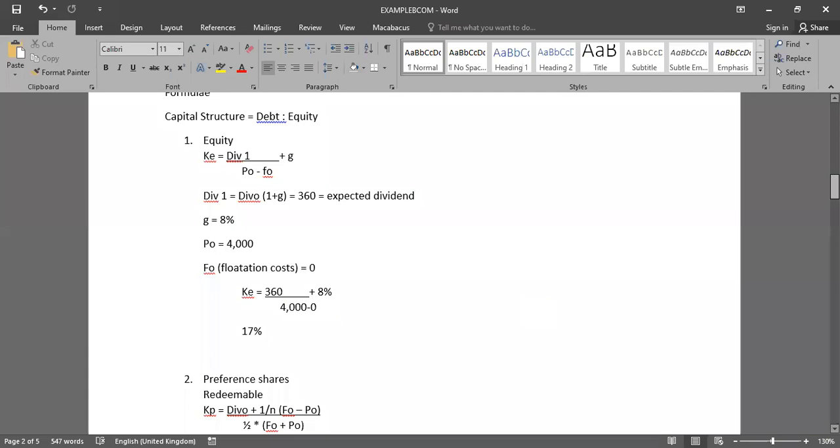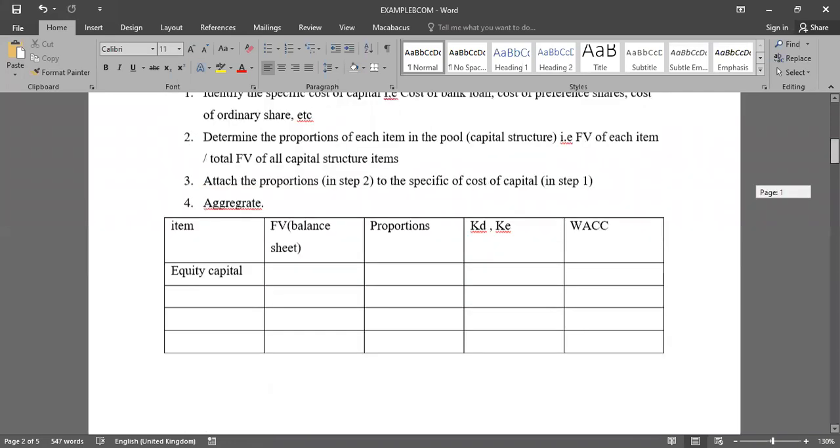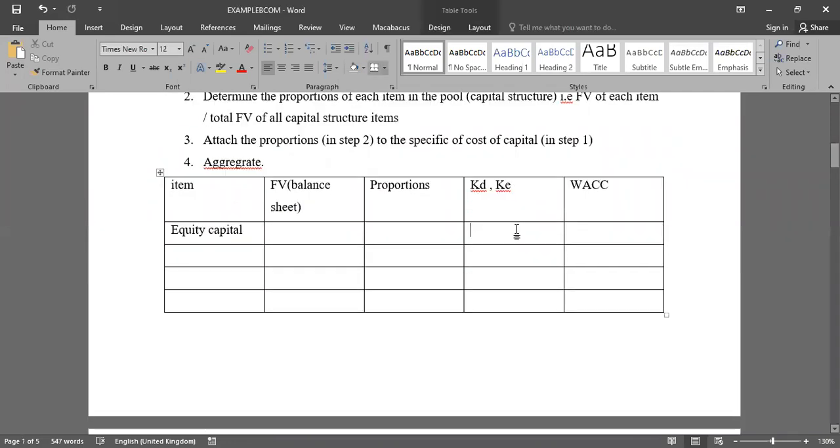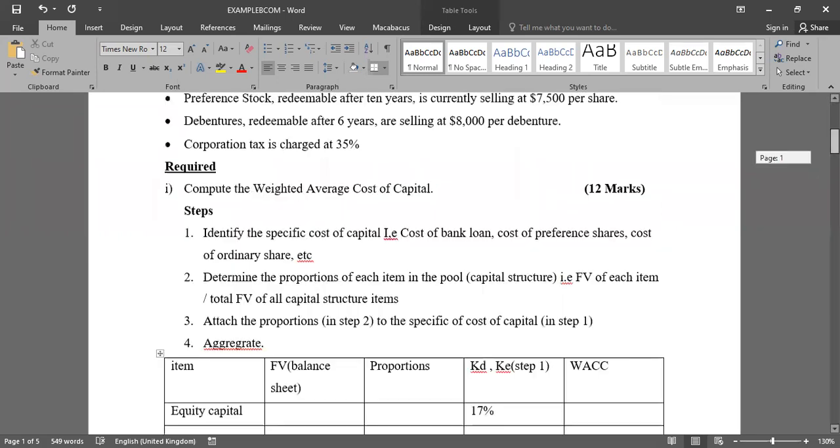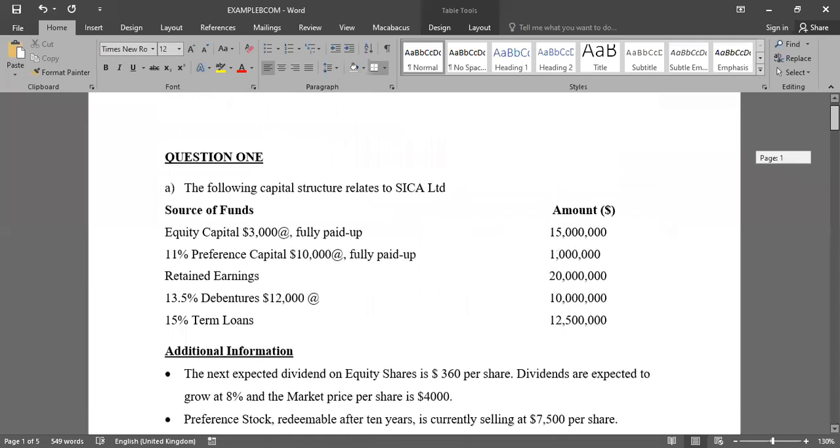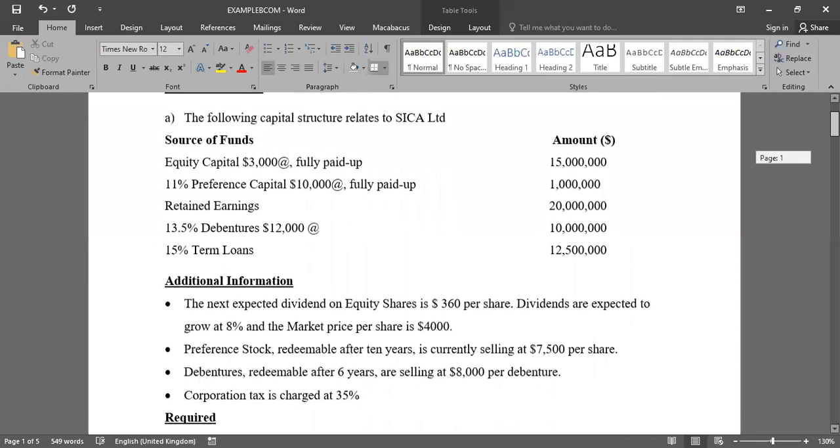That was the specific cost of capital. This is step 1. Then you bring the face values to get the proportions. The face value for equity is 15 million.